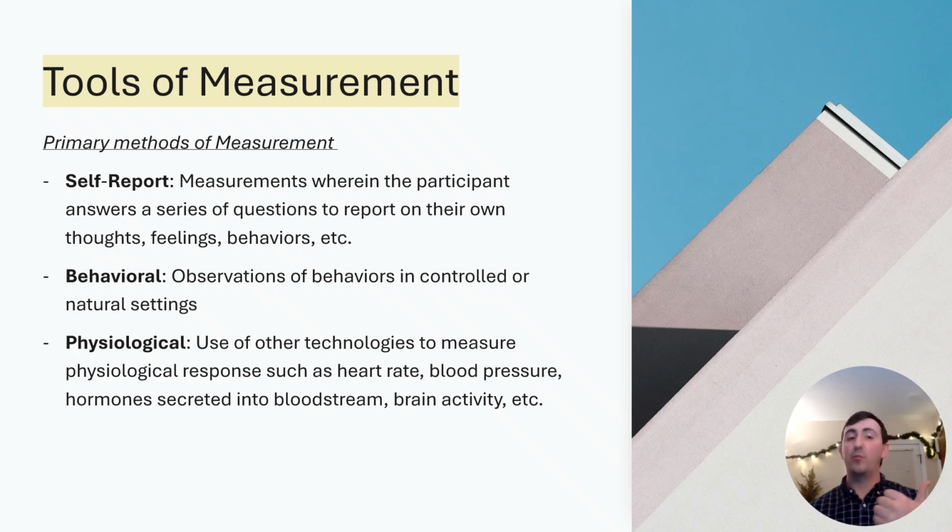Does someone help someone else when they're crying, right? How often does that happen? A follow-up question might be why, but that wouldn't be a behavioral question. That would be a self-report question. If someone walks by another person on the sidewalk and one person is crying, does the walker help? That's a behavioral observation.